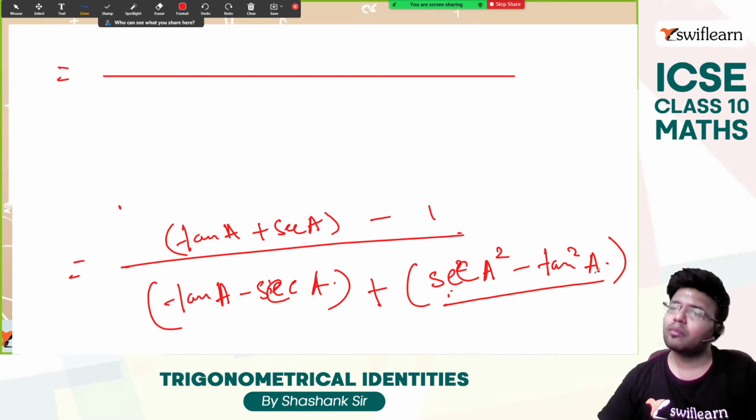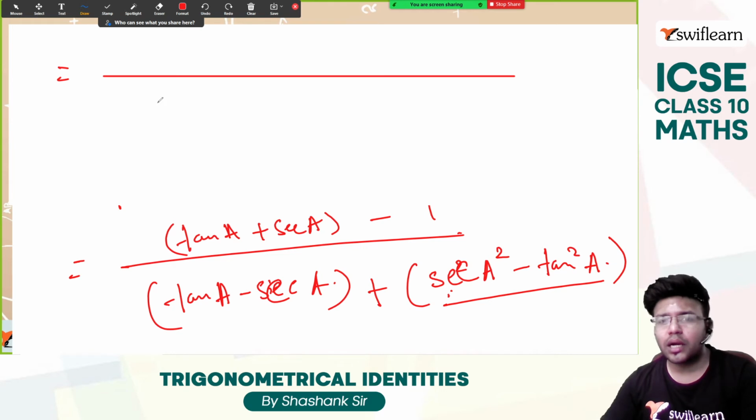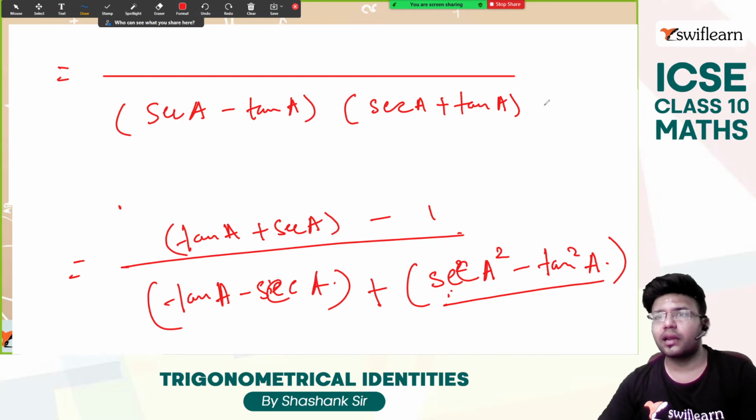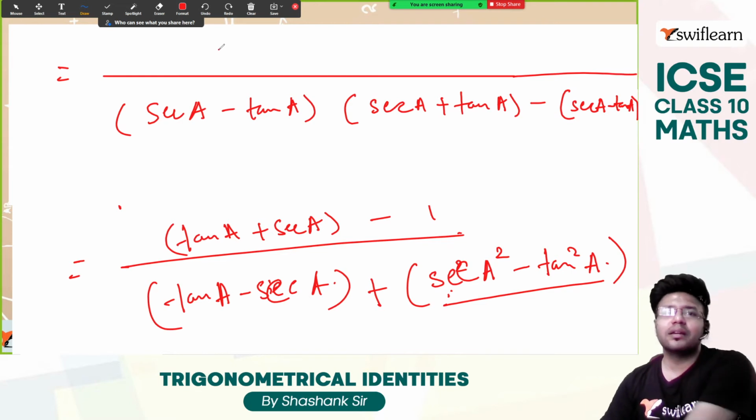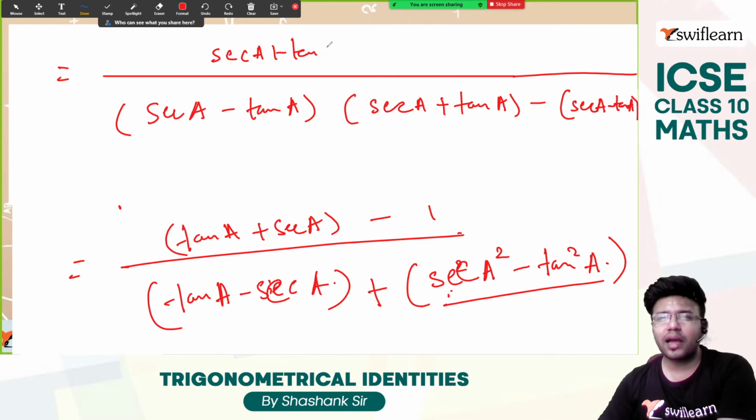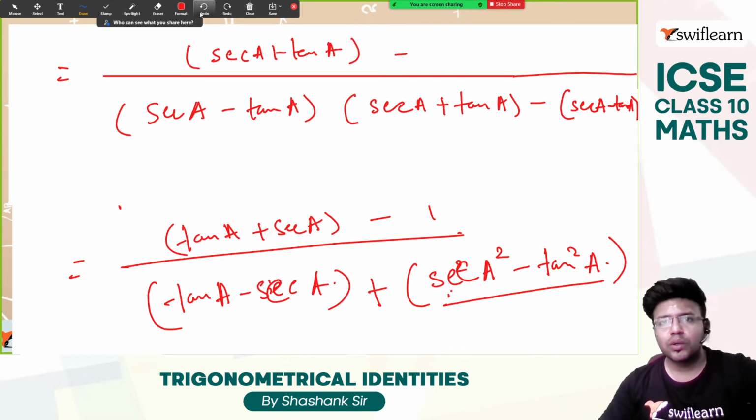Sec square A minus tan square A is nothing but sec A minus tan A into sec A plus tan A, plus sec A minus tan A minus sec A. In order to take things common, I'll take a minus sign outside, inverse the sign, and above I'll write it as sec A plus tan A minus 1.